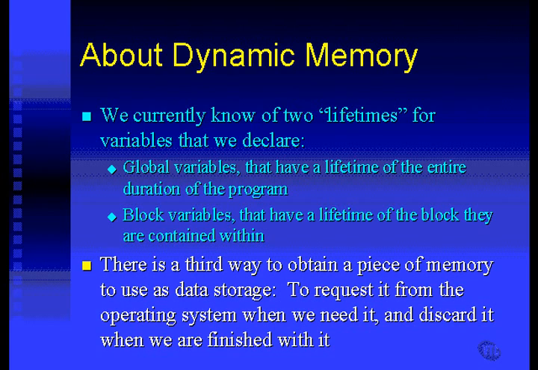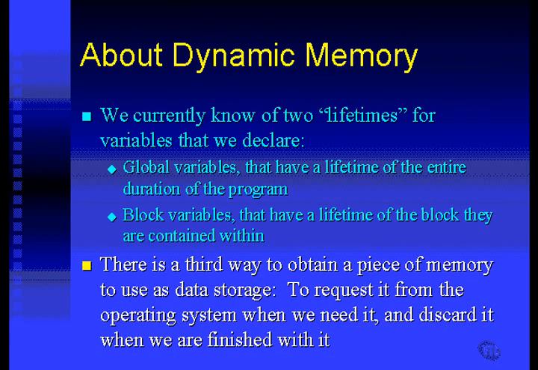The lifetime of dynamic memory is that it is created when we need it, and it is destroyed when we are finished with it, and we decide when it's created and when it's destroyed. When we wish to have a piece of memory created, then we simply make a request to the operating system. We say, I need 300,000 bytes of memory, or however much I need.